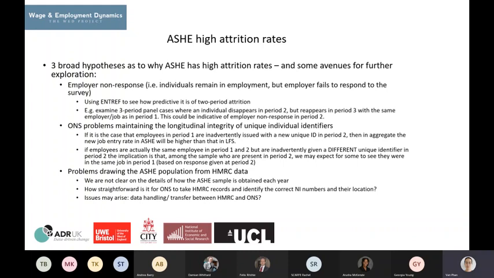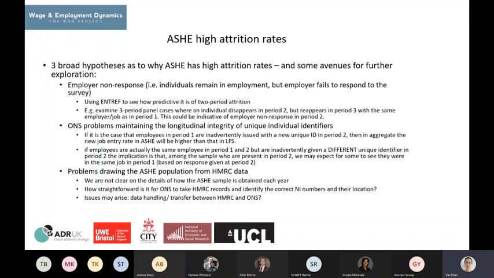Another hypothesis from us is that maybe there is a problem maintaining the longitudinal integrity of the unique individual identifier. If that's the case, employees in period 1 are inadvertently issued with a new unique ID in period 2. So in aggregate, the new job entry rate in ASHE will be higher than it should be. That's something that we can check.